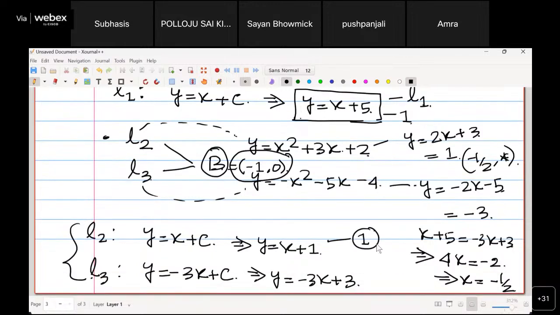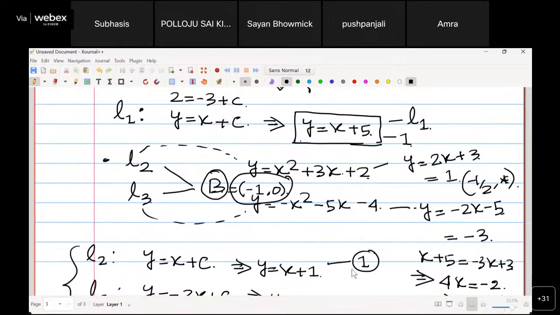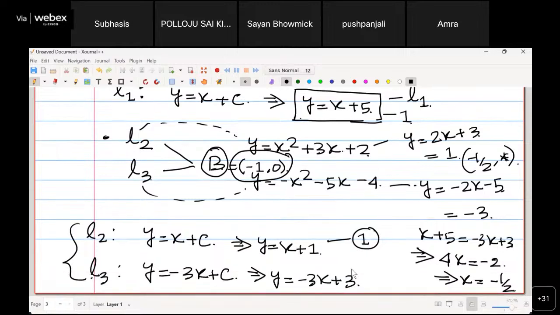Just give me a minute. Can you check the equation of the line L3, whether it is correct? I guess we made a mistake with this line.